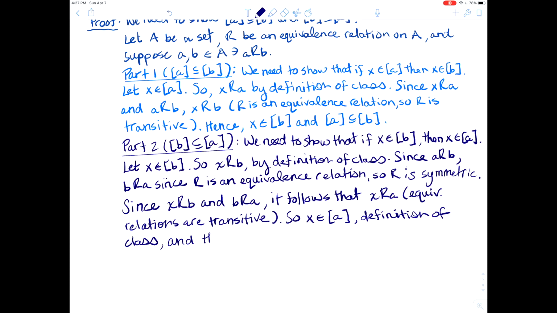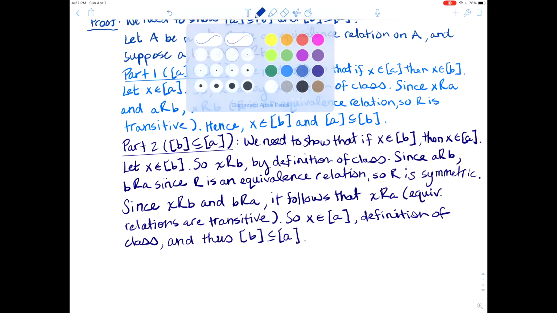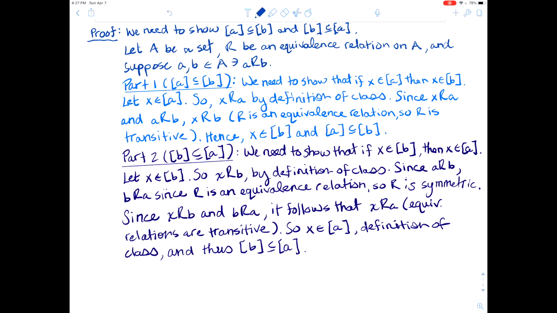And thus, the class of b is a subset of the class of a. All right, so now wrapping it all up with a nice bow, we have, since the class of a is a subset of the class of b, and the class of b is a subset of the class of a, the class of a equals the class of b.